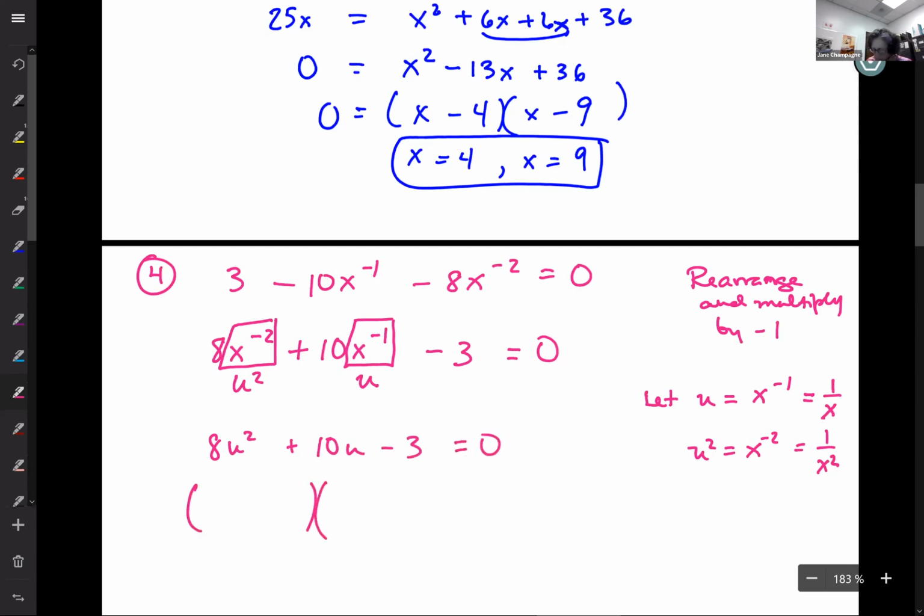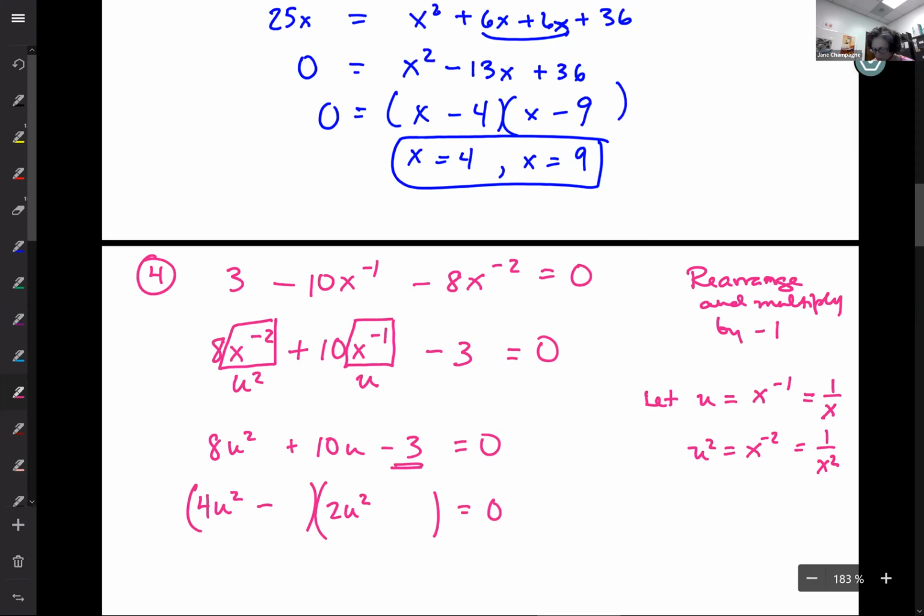Factoring is going to be interesting because there's lots of options. To get 8u squared, I bet 4u squared and 2u squared is what we want. It could be 8u squared and 1u squared, but usually the numbers that are closer together work more often, just in my experience. So then for -3, all we can use is 3 and 1, one of them positive, one of them negative.